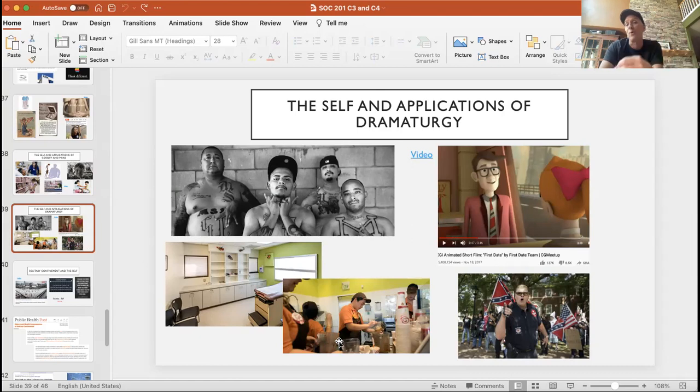dramaturgy. When we're performing a role like at Jamba Juice, there's a script that's given to us, right? As a customer service worker, this is emotional labor, right? As a worker at a place like Jamba Juice, and ordering something at Jamba Juice, I mean, that's like a script that you follow, how you greet people. It's very coordinated, orchestrated, non-organic, not natural, very corporate.